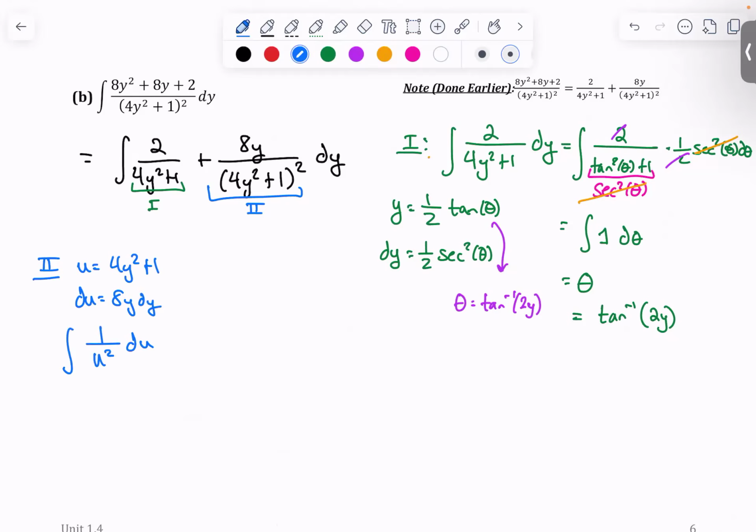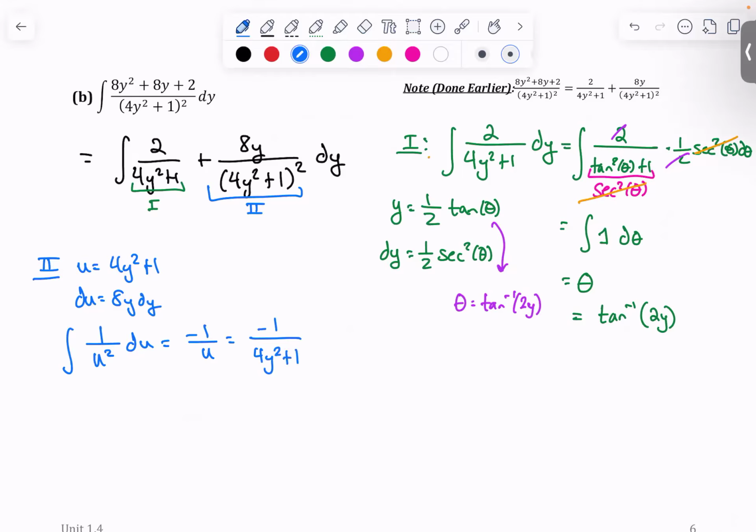Does anybody need to see more work? It's all right if you do. Going once, going twice. Done. And that will equal -1 over u, which is -1 over 4y squared plus 1.